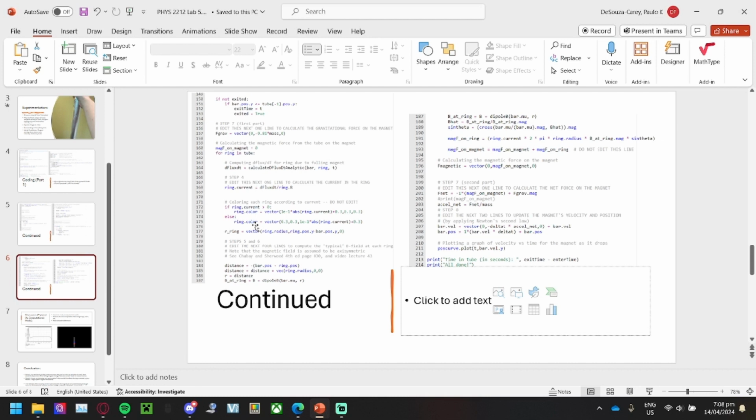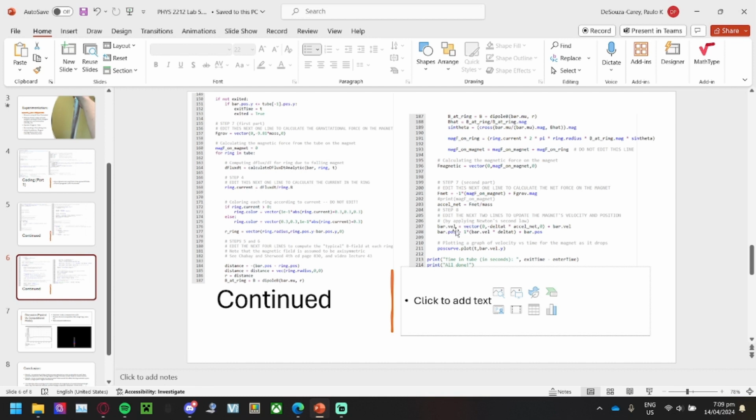Then you use that to find your current using resistivity and your EMF, which is your volts. So you find your current, and then using the formula discussed in the lecture video we were told to watch, and shown earlier, we calculate the force of the magnet on a ring, then flip that around using Newton's second law to find the force of a ring on a magnet, and we did that for all the rings. That's how you sum up the magnetic force.